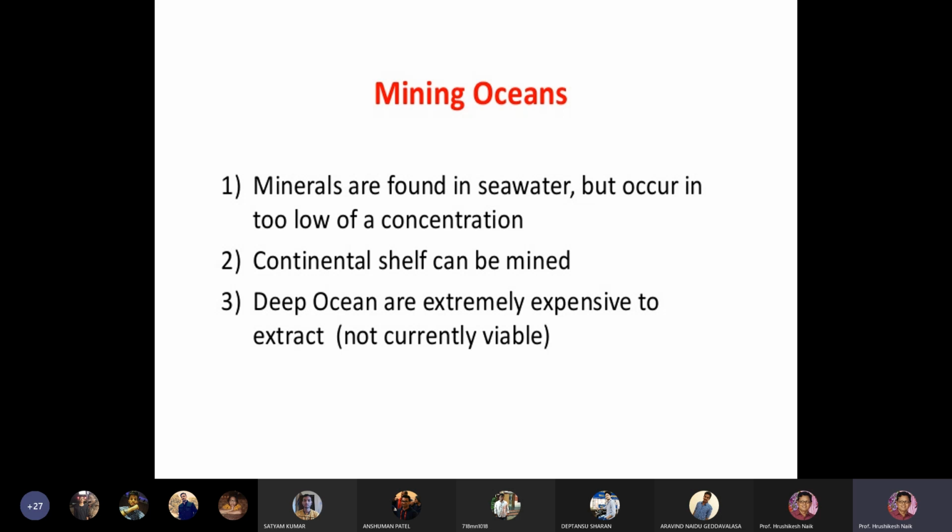The continental shelf can be mined. Deep ocean is extremely expensive to extract from, not currently viable. If the deposits are lying at a great depth of water, it is very difficult and very expensive to extract the deep sea mineral deposits.